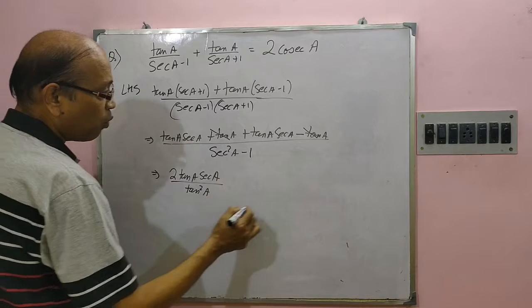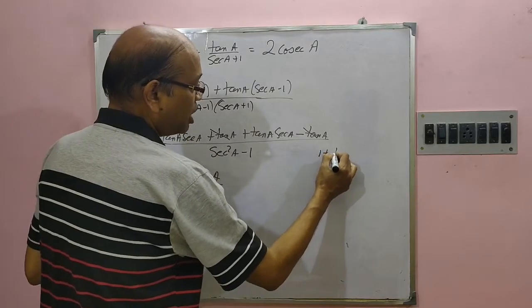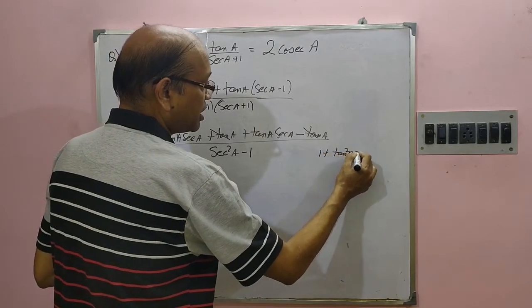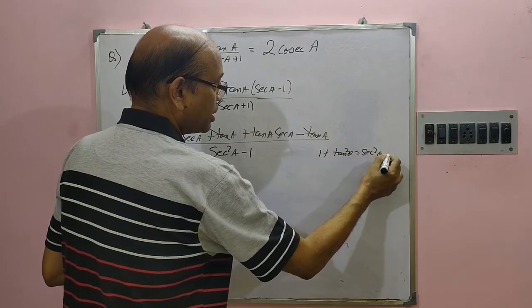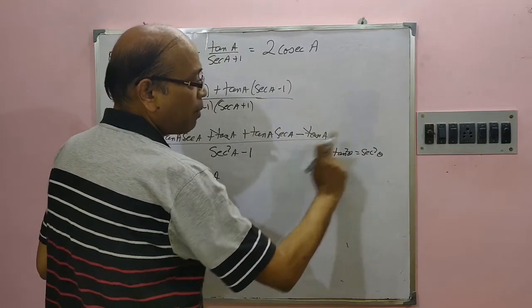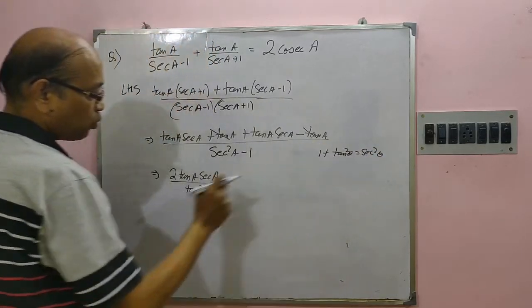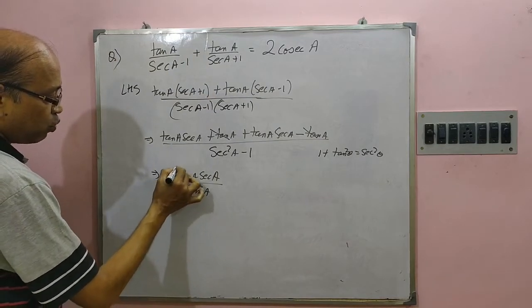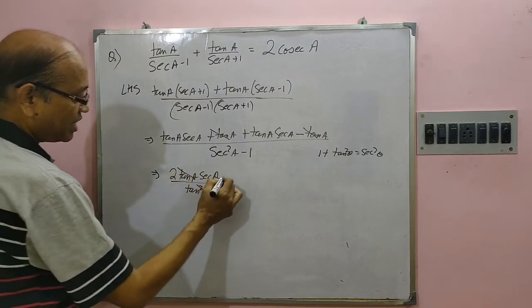tan square A. Why? We know that 1 plus tan square theta is secant square theta. Therefore, secant square theta minus 1 is tan square theta. So 1 tan A here and 1 tan A here get cancelled.